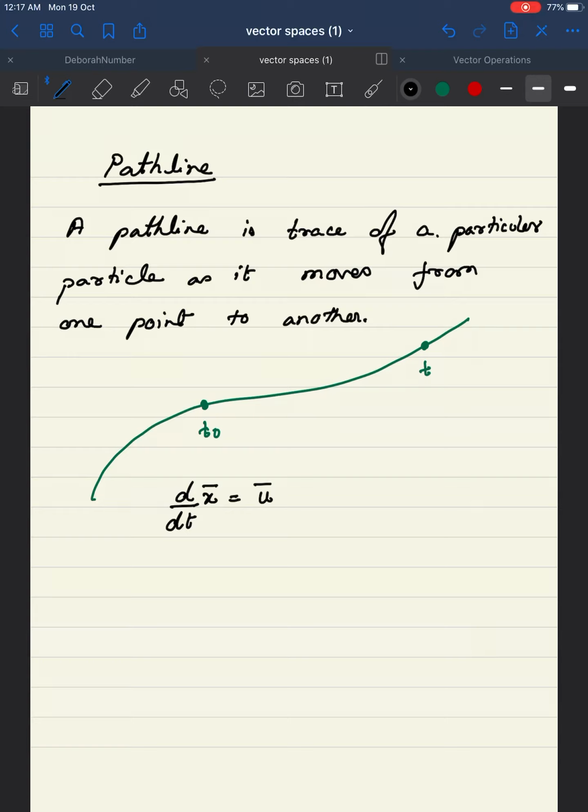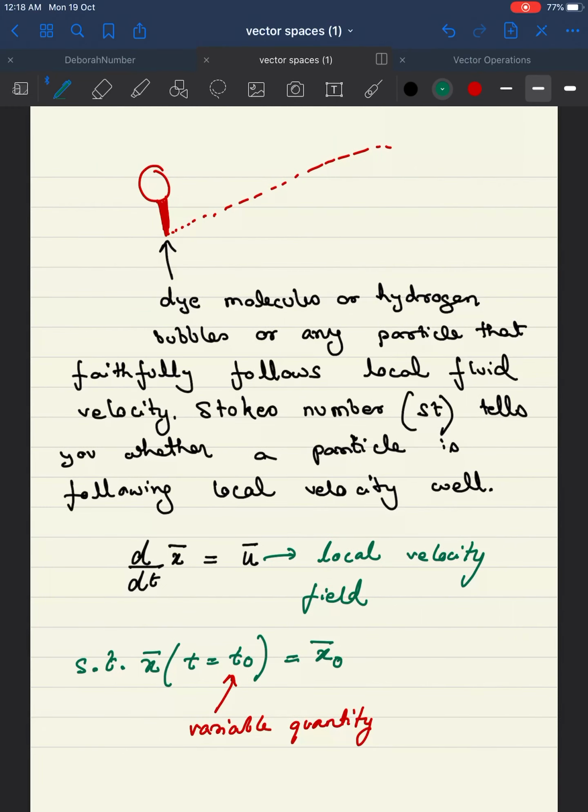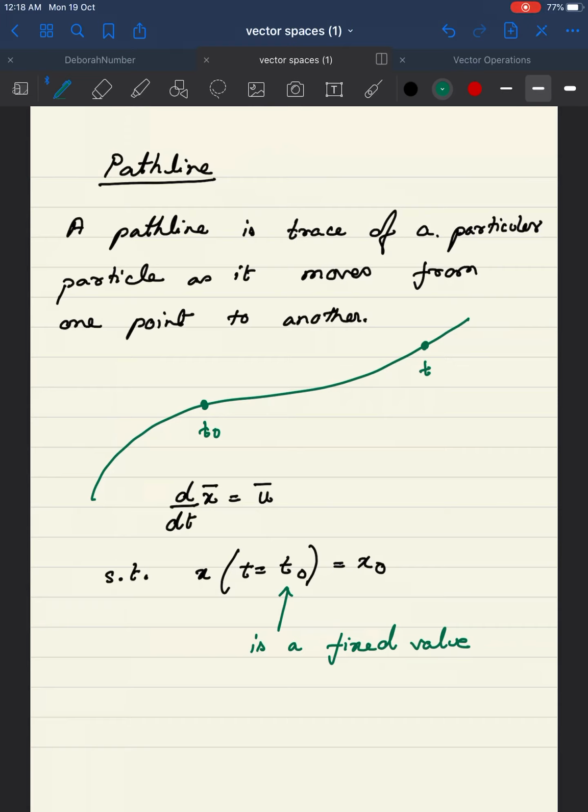But this equation has to be subject to the condition such that x at t equal to t naught equals x naught. But now this t naught is a fixed value. So this t naught is no longer a variable. Unlike the previous case where it was a variable quantity, this now is a fixed value.